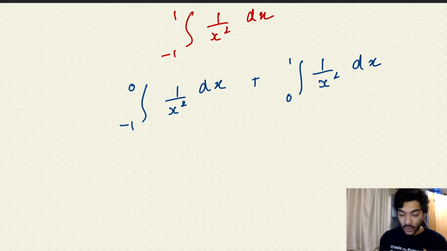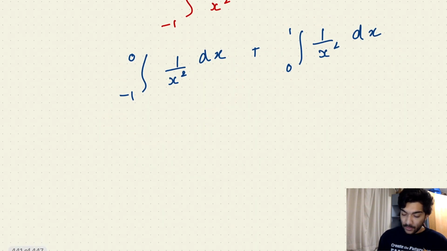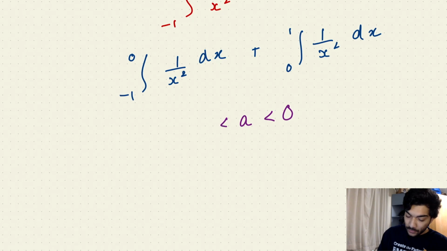And now we can use all the methods that we covered in the last two videos in order to solve these two integrals separately. So let's introduce two new variables, a variable a which lies between 0 and -1, and a variable b which lies between 1 and 0.